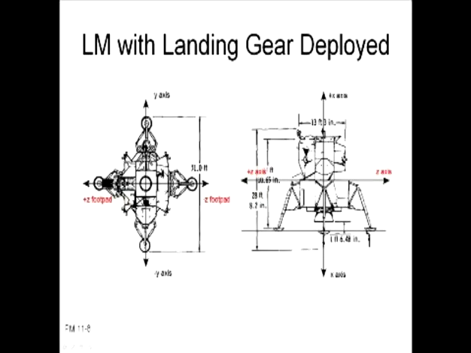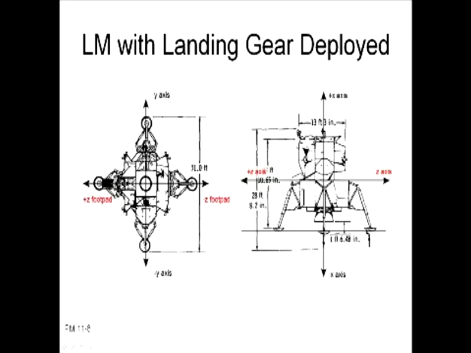Your next shot. Okay, here's the basic dimensions of the lunar module. Here was that probe I was telling you about. It's basically about 31 feet from one foot pad to the next.